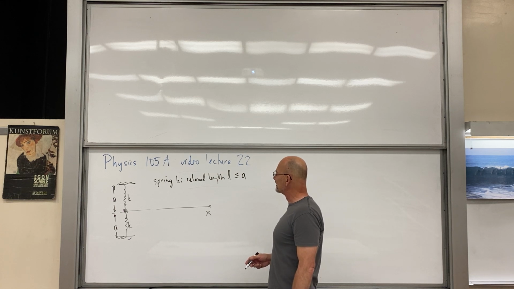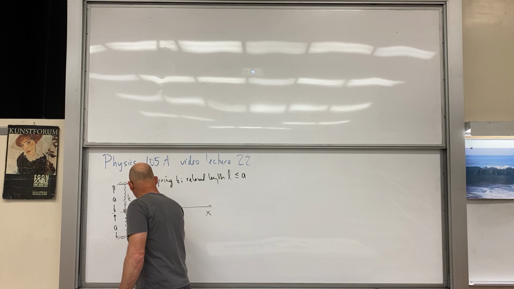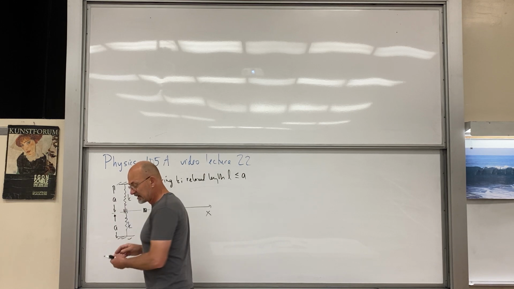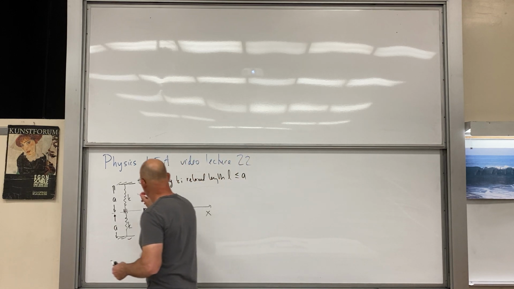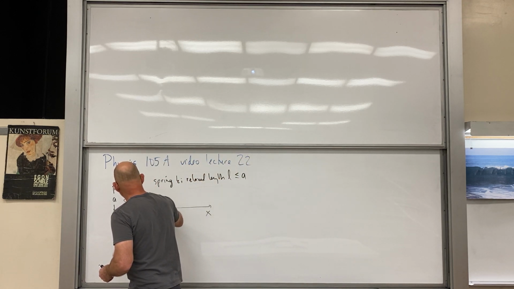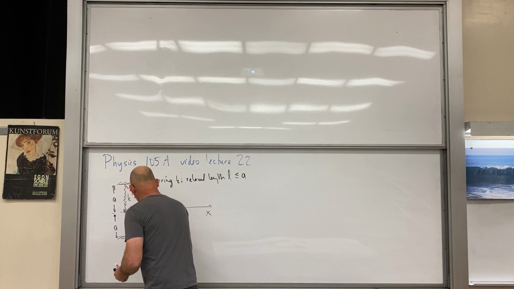And what we want is the potential energy of this thing. So we stretch this thing out here a bit. Maybe I'll use another color. We stretch it out here a bit, and now it's here. And we're naming this point X as well.